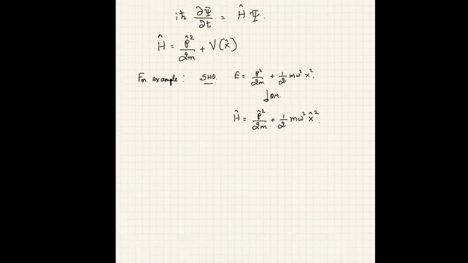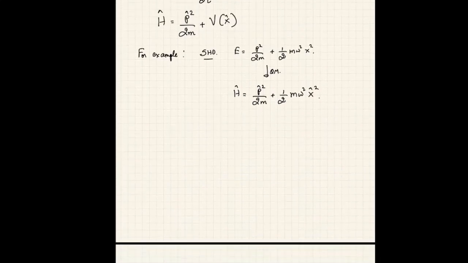So written out in all its glory, the time dependent Schrodinger equation is given by i h bar d psi dt equals minus h bar square over 2m d square psi over dx squared plus V of x psi. Okay, notice that in the second equation, I have not written V of x hat because V of x acting on psi would give you V of x times psi. So I'll box this equation because this is an important equation.